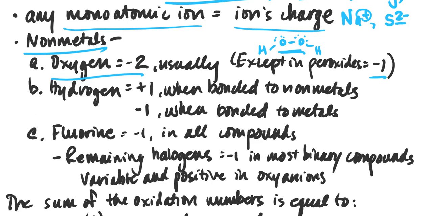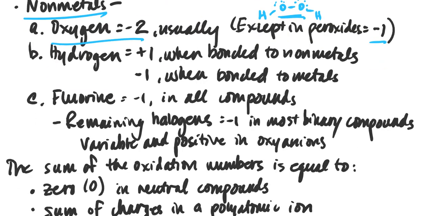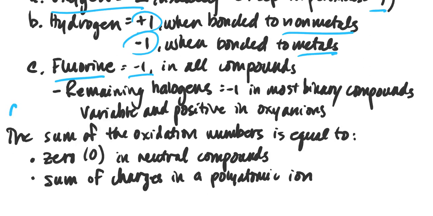Now hydrogen, if the hydrogen is bonded to a nonmetal, then its oxidation number is +1. If it's bonded to a metal, then its oxidation number is -1. Fluorine always has an oxidation number of -1 in all cases. All of the other halogens, so basically chlorine, bromine, iodine, have oxidation numbers of -1 provided that they're involved in a binary compound.